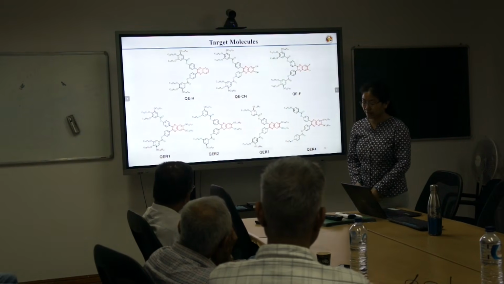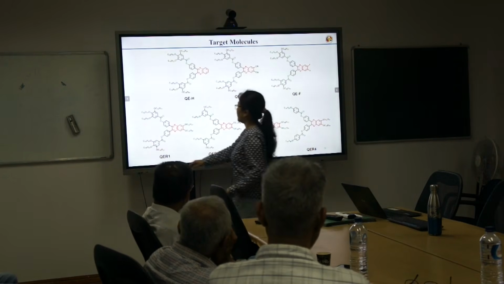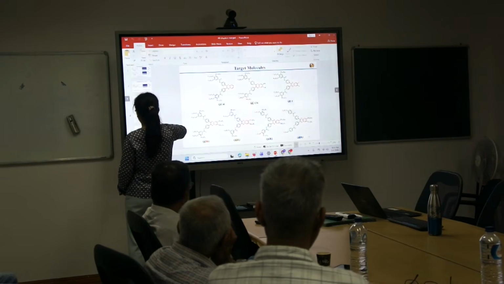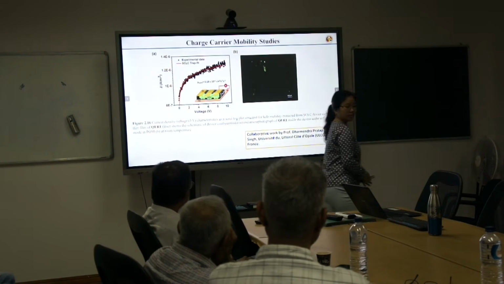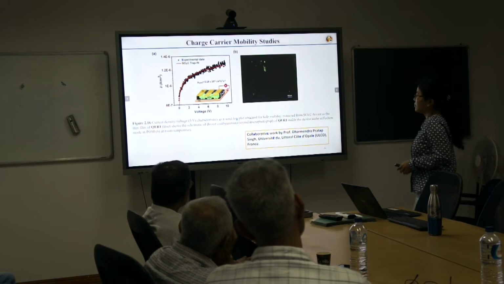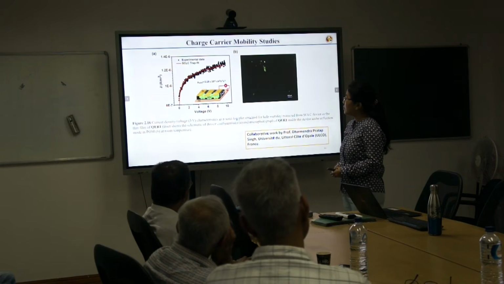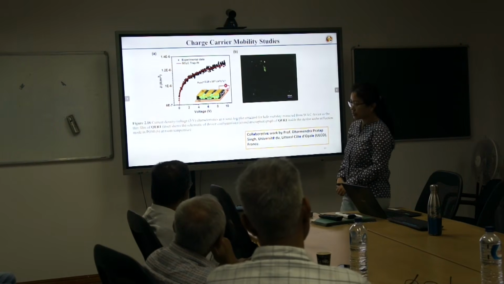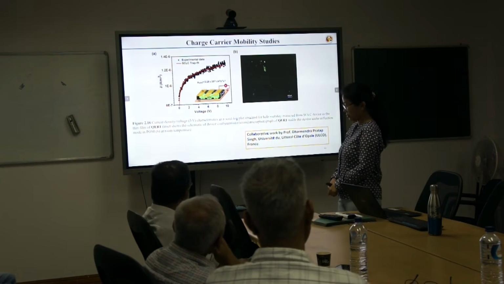In continuation of this particular point, we go to slide 34. Yes. Here, you said that the mobility is not very good, and that was one reason that you changed your structural design and moved to another kind of core, and then developed the molecules in the next chapter, right?